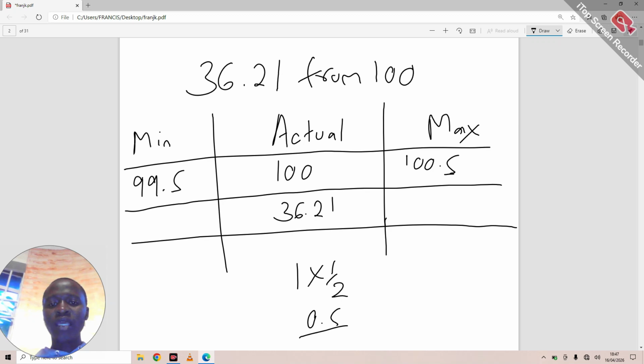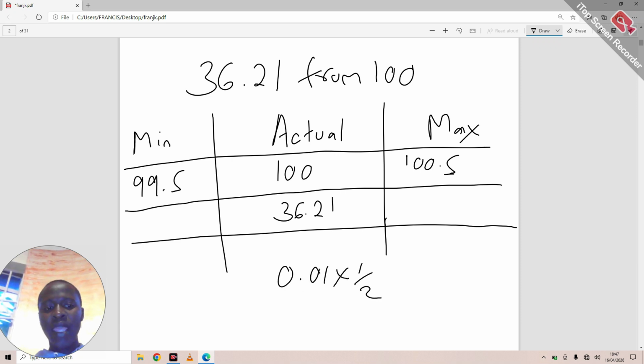Coming to the next part, that is 36.21. What is the accuracy in 36.21? We are having 0.01, then we multiply by a half. That is 0.01, you multiply by a half. You shall get 0.005.